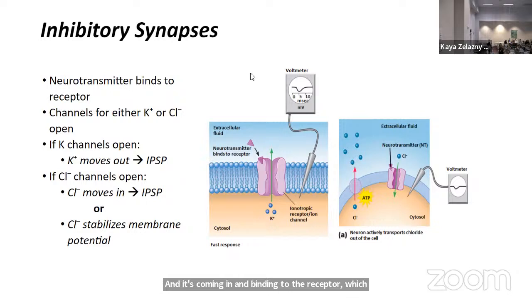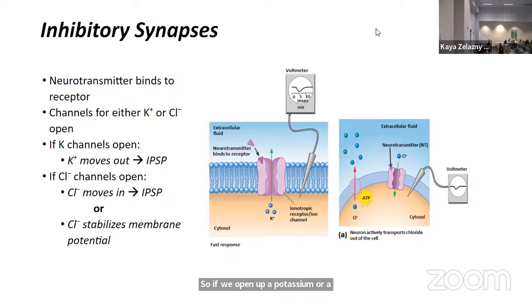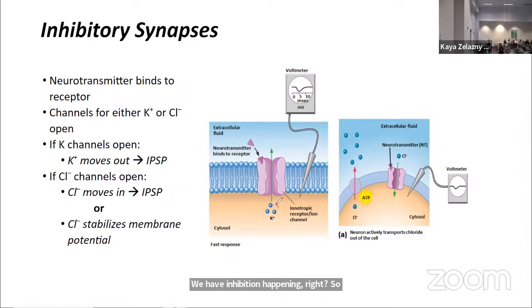Okay. So if we open up a potassium or a chloride channel, right, we have inhibition happening, right? So here we can see that inhibition as we see potassium leaving our postsynaptic neuron here. So as we remove positive charges, that cell becomes more negative, hyperpolarizing.